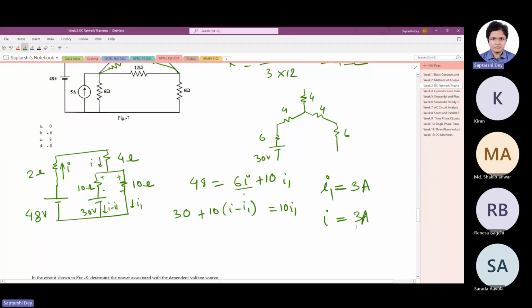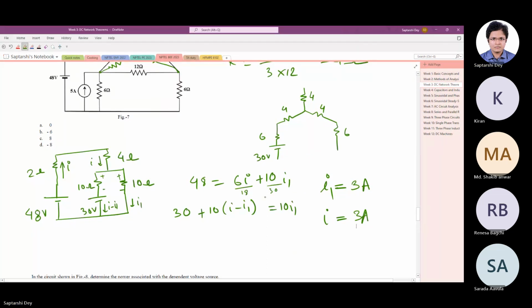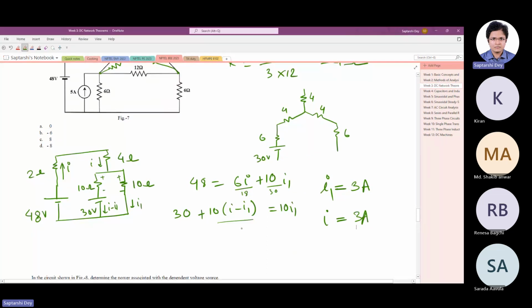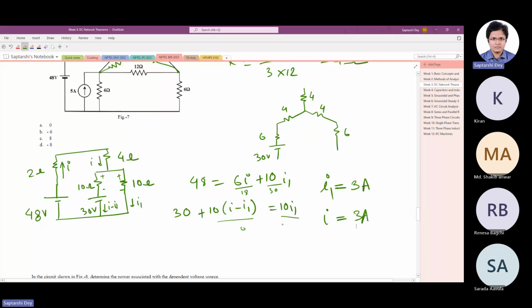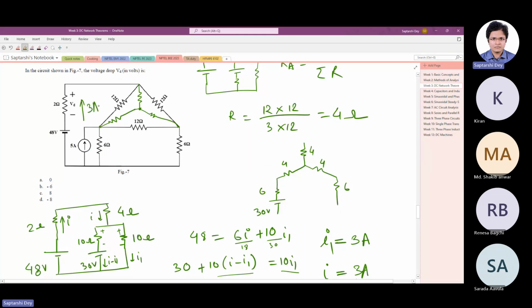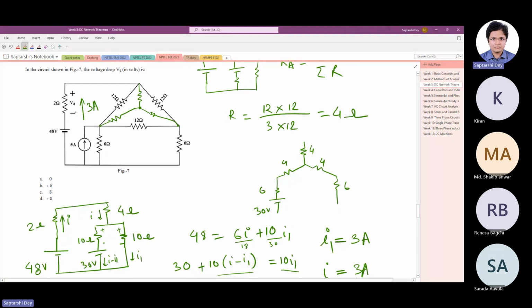You have 18 here, you have 30 here, 48. Here also, you have 0 here, you have 30 here. Yeah, both are 3. So what we have is 3 ampere current flowing. So how much is VD?